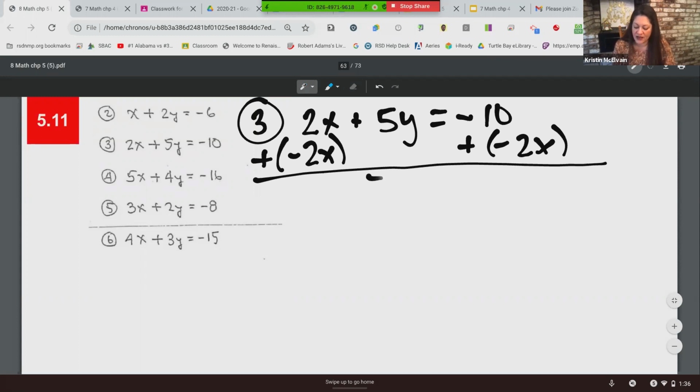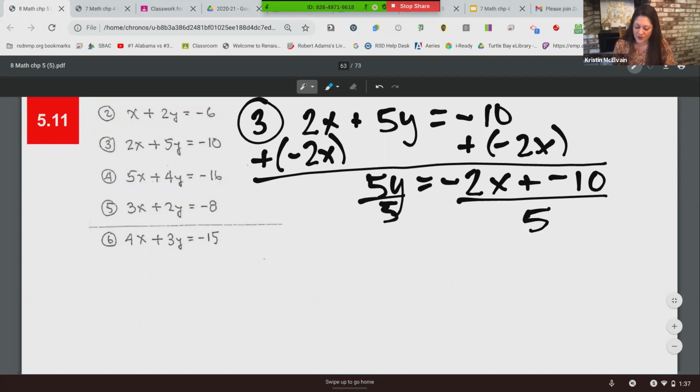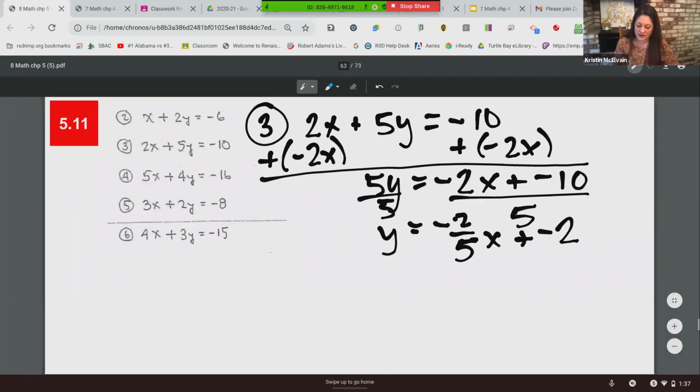Gives us 5y equals -2x plus -10. Divide everything by 5. Y equals -2/5 x plus -2. Okay, so there is our slope-intercept form.